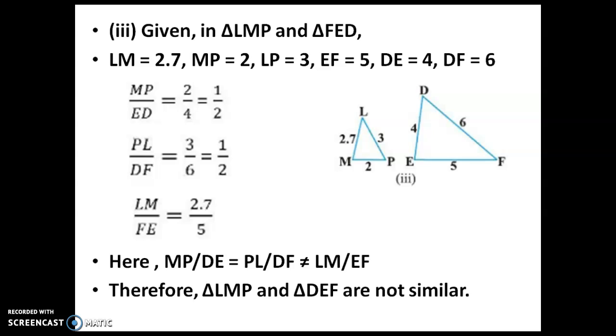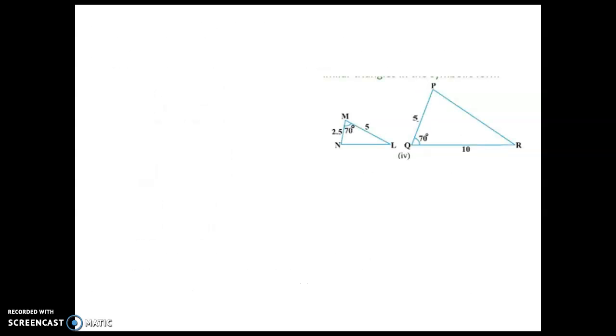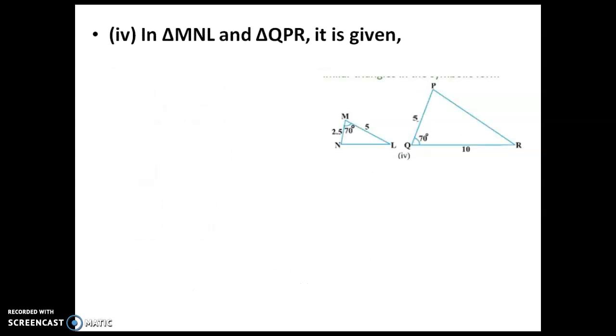Next problem, this is the given diagram. Here you have to see MNL, this is the first triangle, and QPR, so it's taken like that. Here you can see 2.5 is one side and 5 is one side. In between these two sides, there is an angle of 70 degrees.